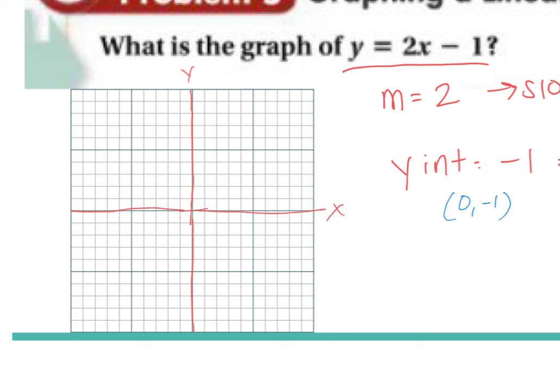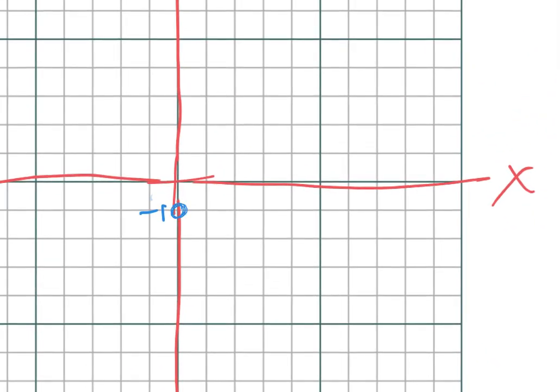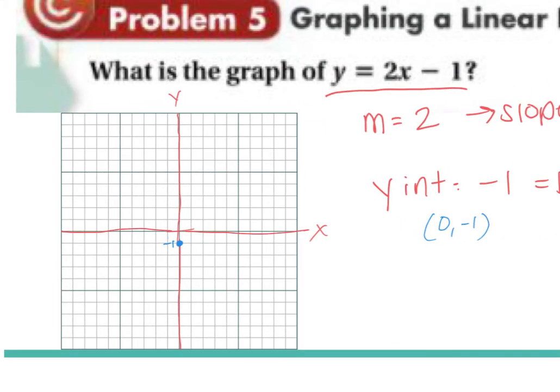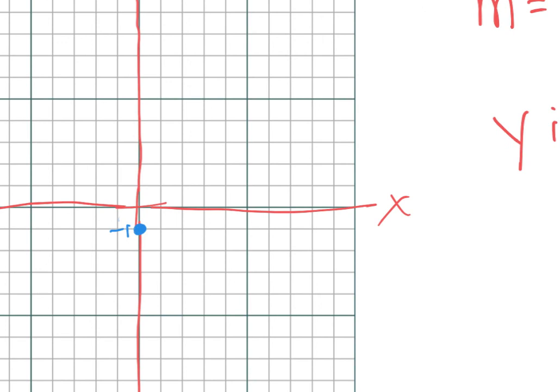We're going to go to -1, and we're going to plot this point right here, because this is our y-intercept. And our slope is 2. So how much are we going to rise? 2. And how much are we going to run? 1.